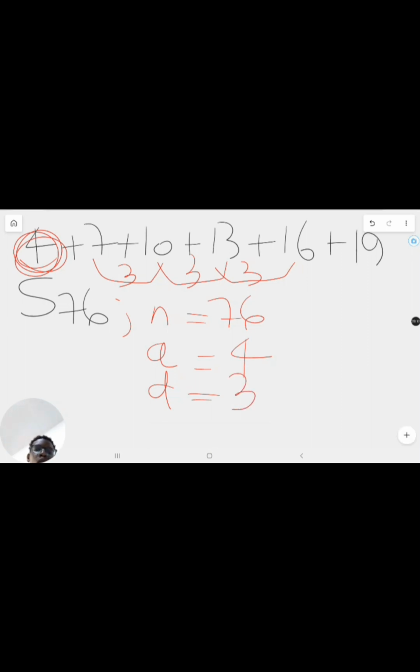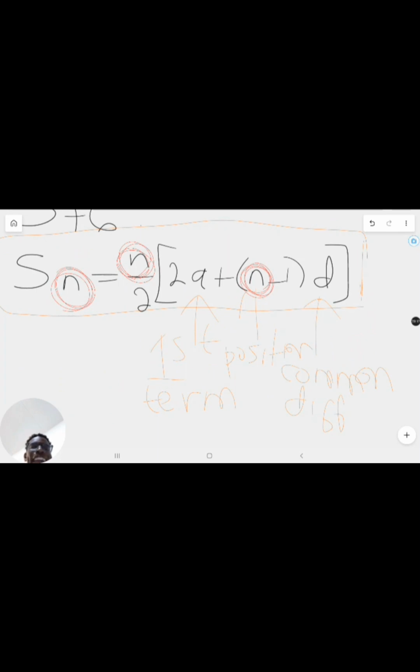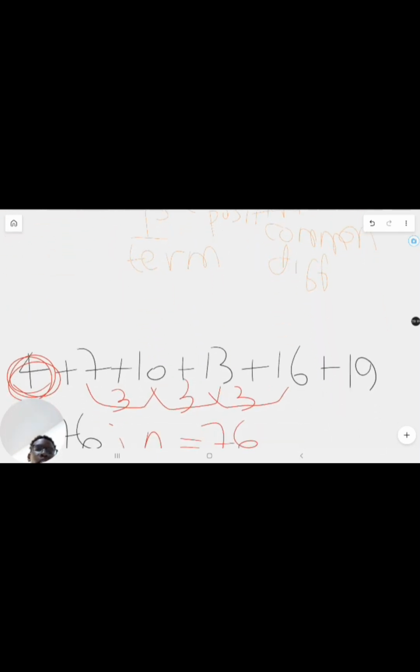Now we've got everything that we need for us to be able to use this equation. We've got a, we've got n, and we've got d. So we can solve for S76. What is S76? Well, S76 is equal to 76, where we have n, we write 76 divided by 2.